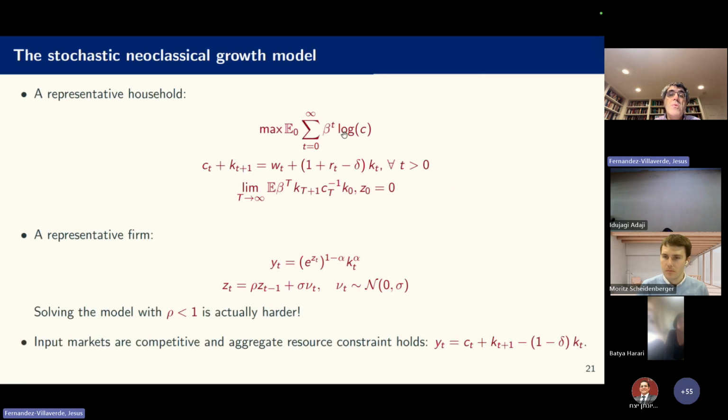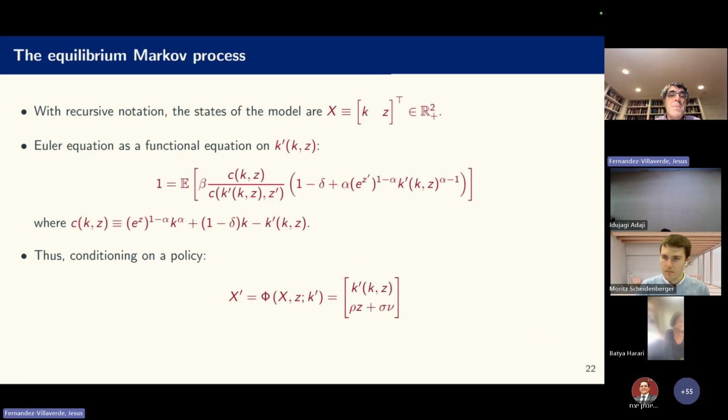And I'm going to already specify that the utility function is a log, just to have a more concrete example. Then you have that one is equal to the expectation of beta, the discount factor, times the ratio of consumption today over consumption tomorrow. This is just the marginal utility tomorrow, and the marginal utility of consumption today would be on the left-hand side, but I have put consumption already over here, and then we have the marginal productivity of capital over here.